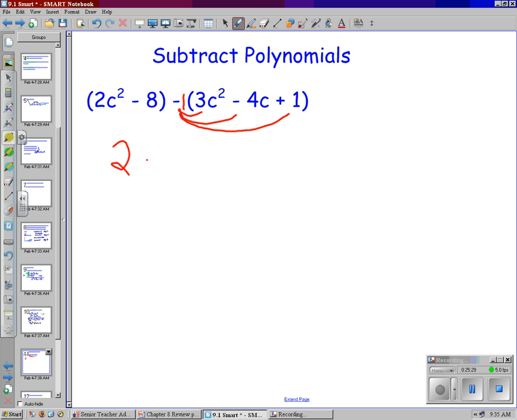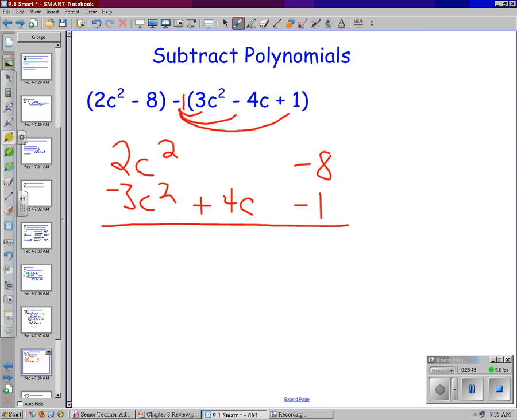So we'd have 2c squared minus 8 over here. And this 3c squared, how are we going to write it? Negative 3c squared. And the negative 4c gets written as positive, plus 4c, and the positive 1 gets written as negative, minus 1. And now I just changed my subtraction problem into an addition problem.